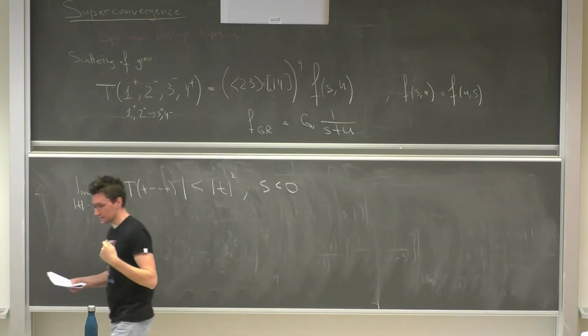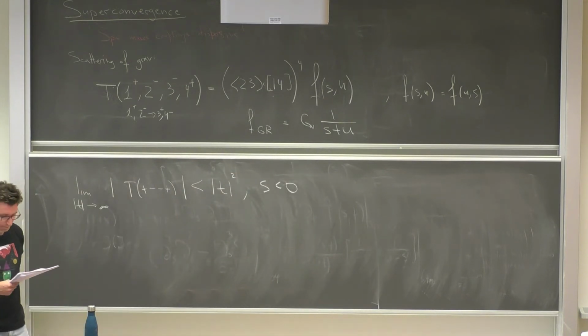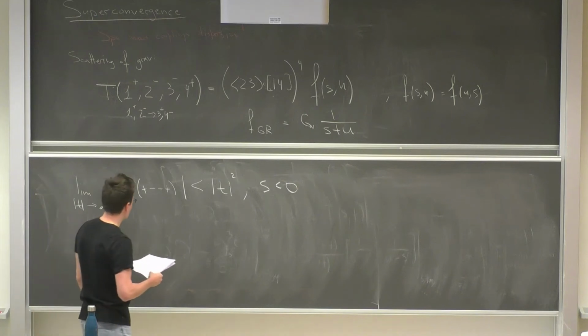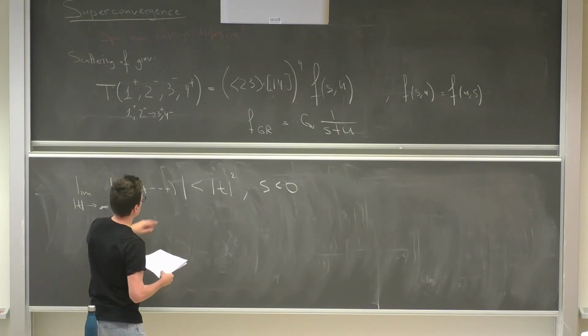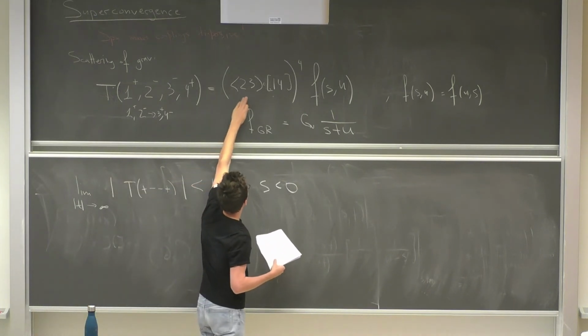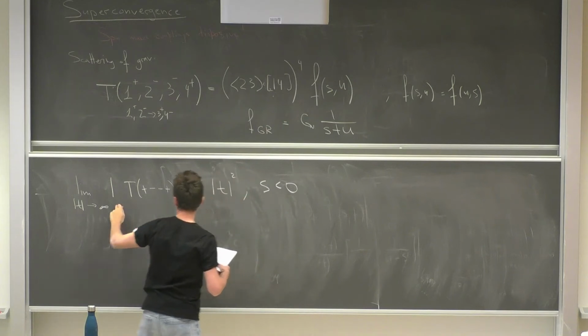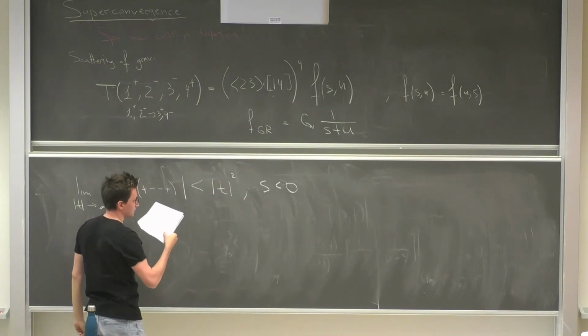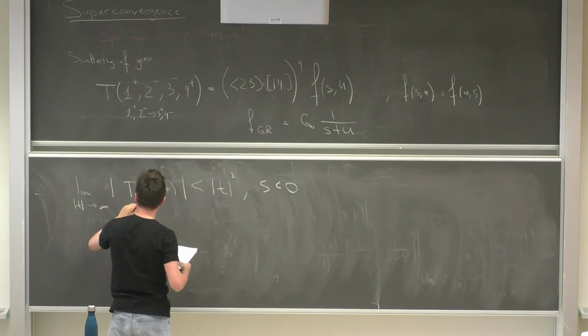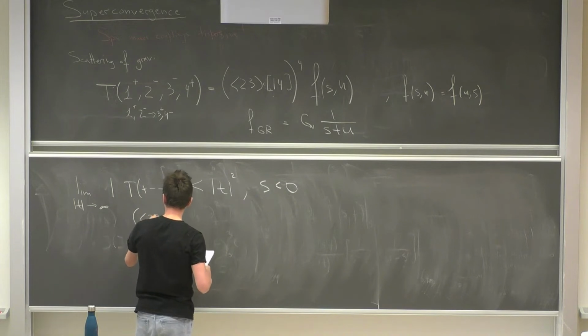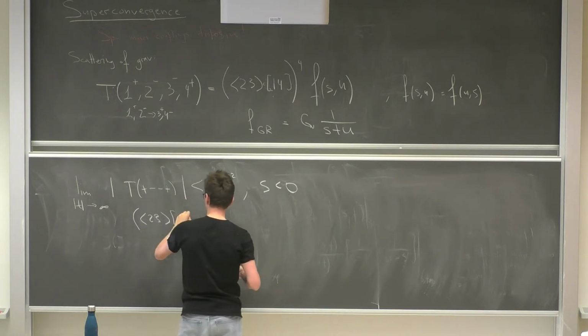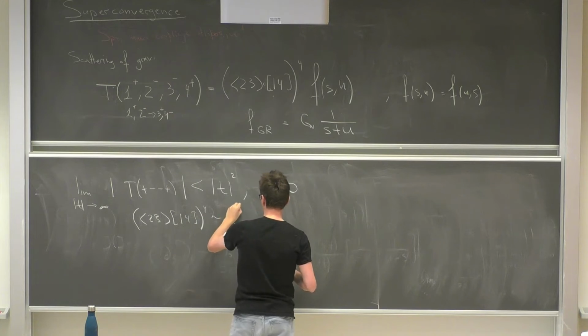So this is precisely the same as what we had before. However, if you look at how this prefactor behaves in the large t limit, you will find that it behaves like t to the 4th.